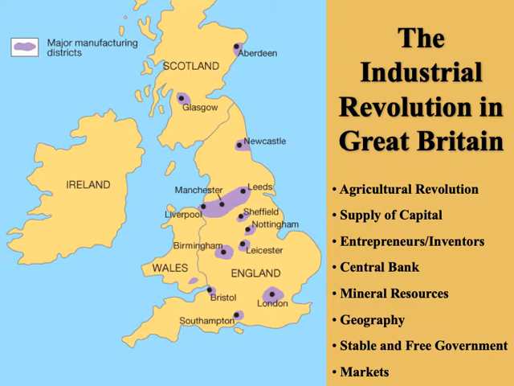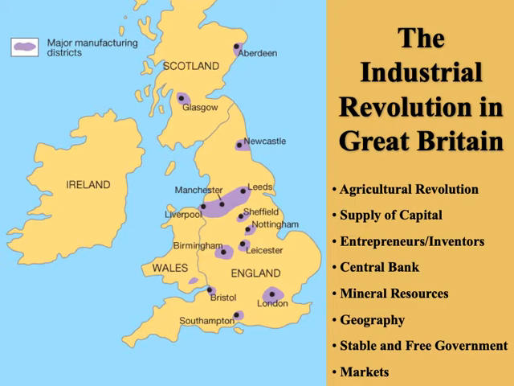There's also a great supply of capital or money in Great Britain, which provides a lot of fluidity in the economy for entrepreneurs and businessmen to build mills and build larger machines. There's also a great age of discovery and many entrepreneurs and inventors in England and Scotland who are tackling the great questions of the age and achieving great success in doing so.